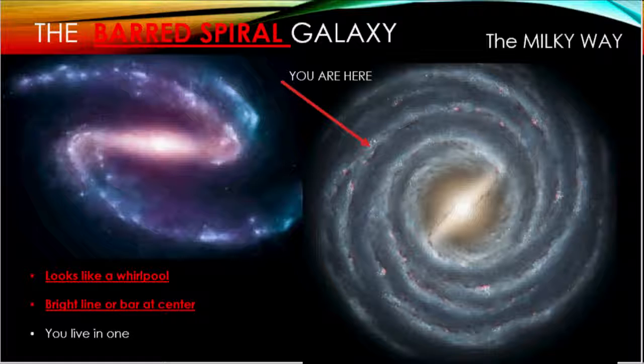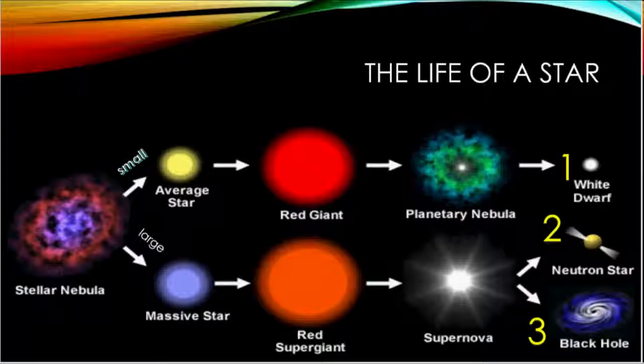Okay, so what three things do most stars become? If you recall, I think on the previous page or two pages back, you had a kind of flow chart of the life of a star, or maybe it comes after this. Yeah, so they can either become a white dwarf, a neutron star, or a black hole.